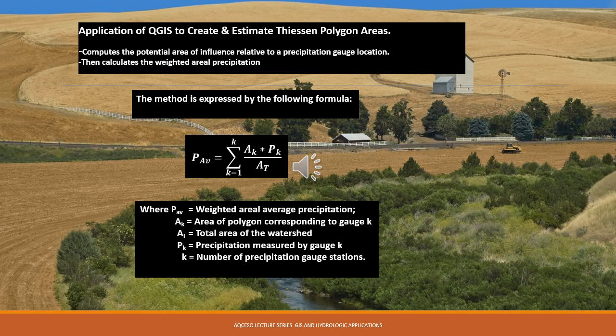The summation starts from the first gauge up to the kth gauge. Could be 3, 4, 5, 6, depending on how many gauges you have.